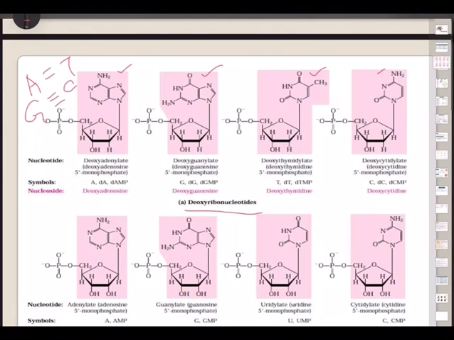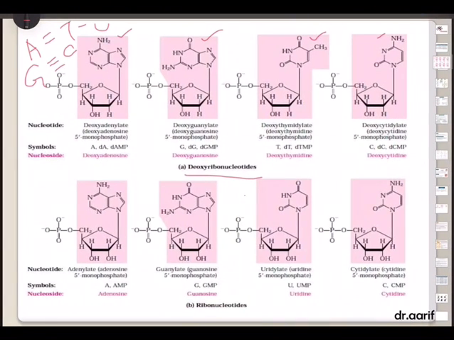So I can write, adenine always pairs with thymine and vice versa. Guanine, through a triple hydrogen bond, pairs with cytosine and vice versa. And this will be the structure in case of DNA, deoxyribonucleic acid.